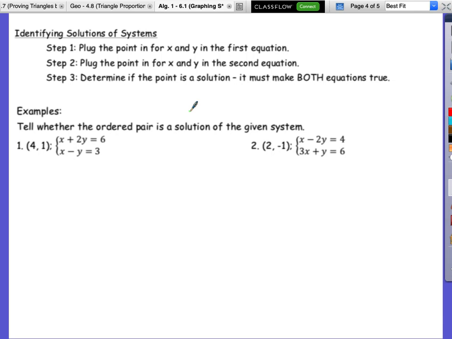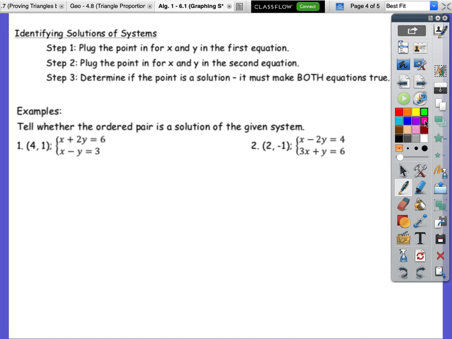We have 3 steps for this one. We'll plug the point in for x and y in the first equation. We'll plug it in for the x and y in the second equation, and it has to make both equations true. So we plug it into the first equation, and we solve to get to the end, like we did when we checked. And we do the same for the second equation. And if they both work, it's a solution. If one or both of them do not work, it's not a solution. Both of them have to work.